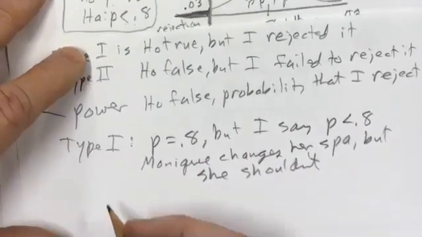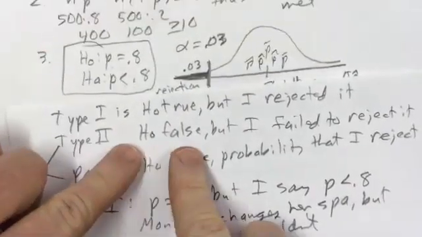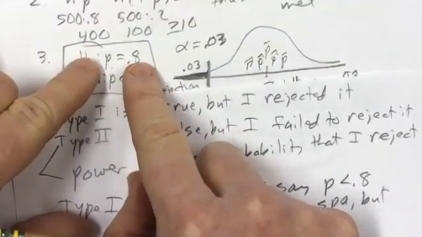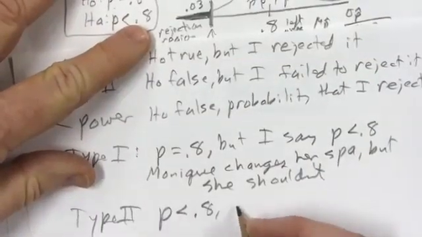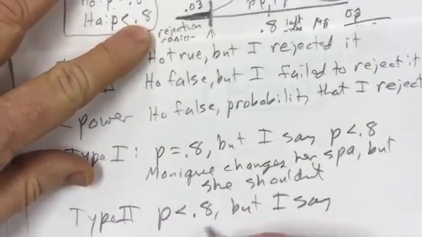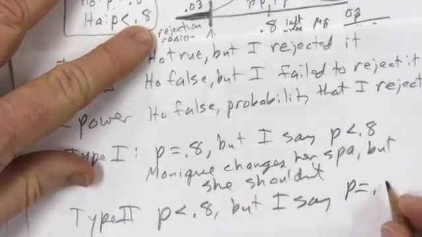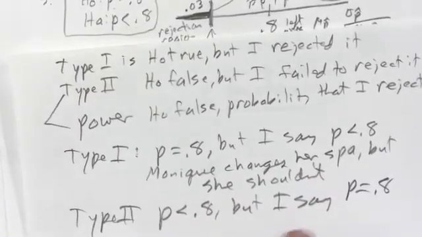Okay. Type 2 error. Type 2 error means the null is false. So the null really is false. In other words, P really is less than 0.8, but I say the opposite of that, which is P is equal to 0.8. I say the null is true. Okay.